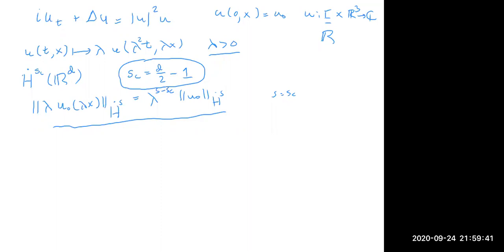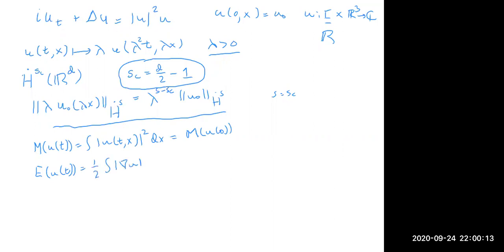Anyway, so then we have conserved quantities for this equation, mass, and then we have the energy. And these are conserved quantities.